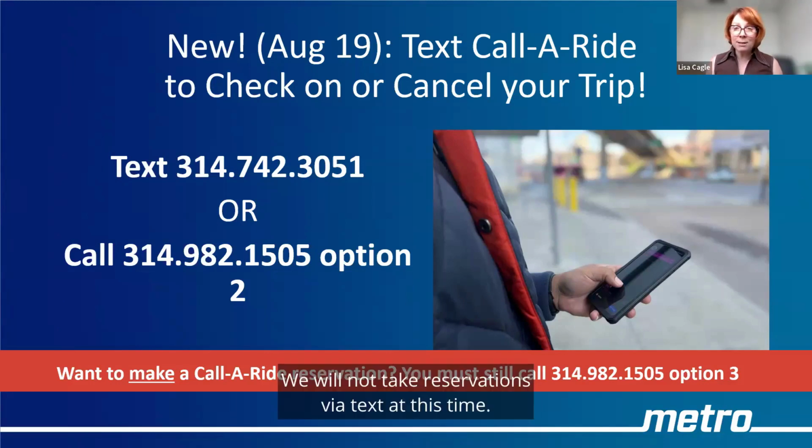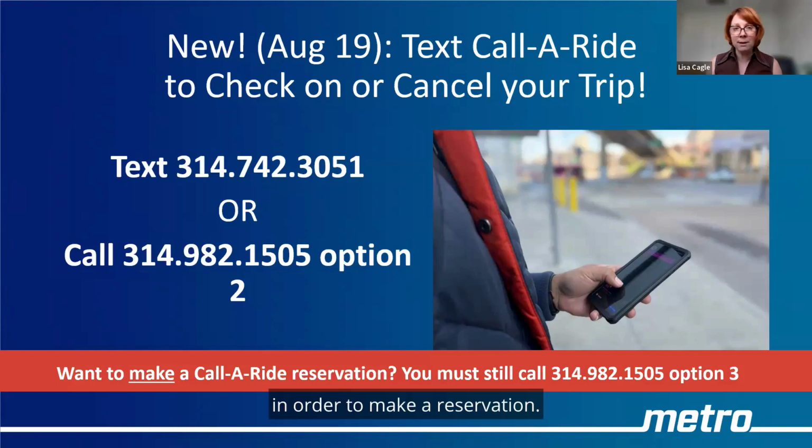We will not take reservations via text at this time. You still need to call 314-982-1505 in order to make a reservation, but you will be able to text to check on or cancel a scheduled trip.